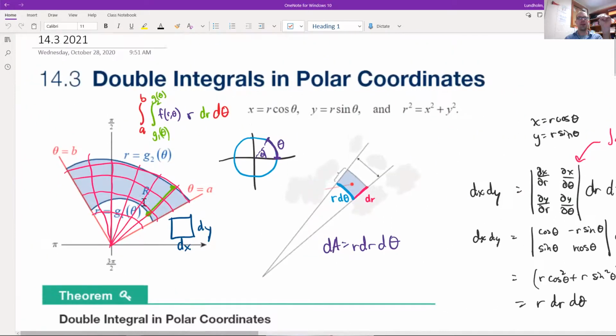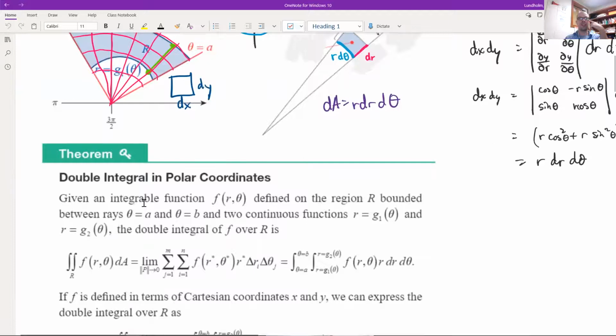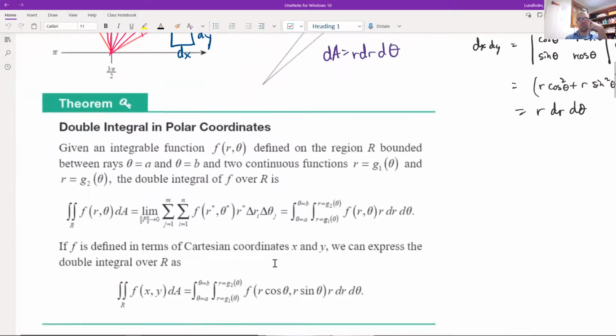All right, so that's probably enough of an introduction. We're going to gloss right over the limit definition of a full integral in polar coordinates. There's not too much to pay attention to there, but this is important.